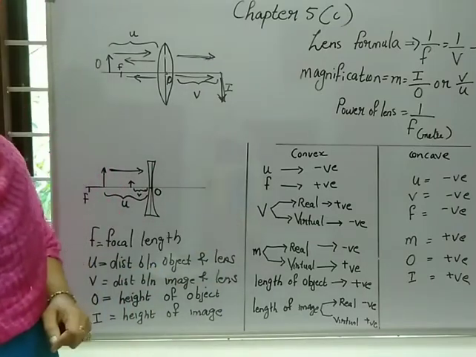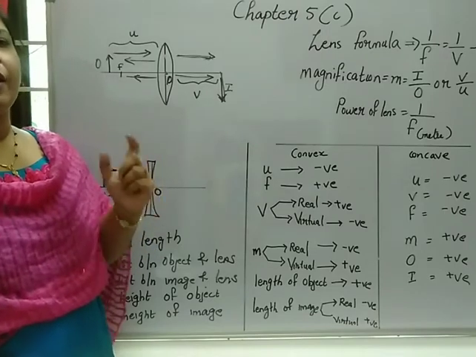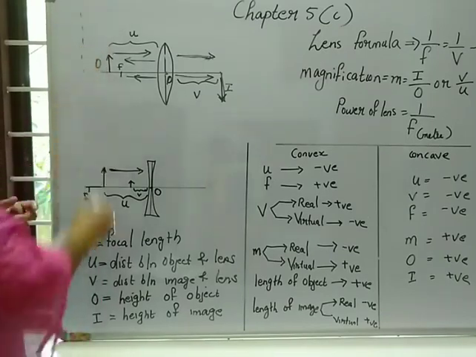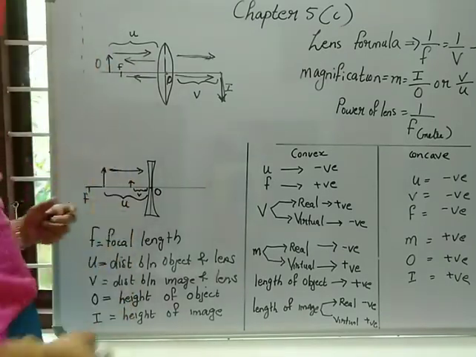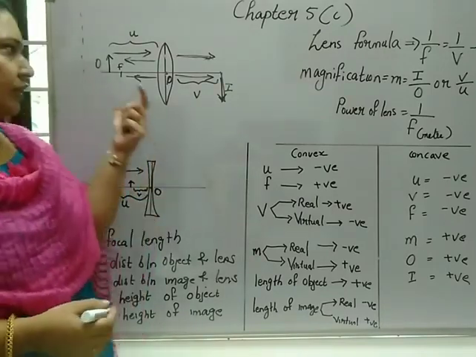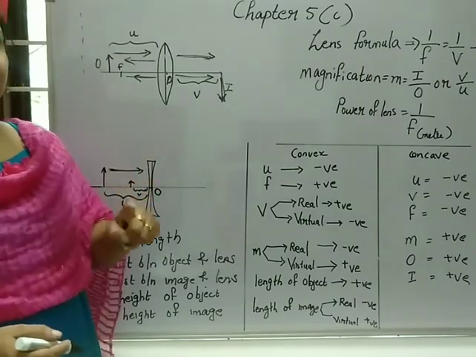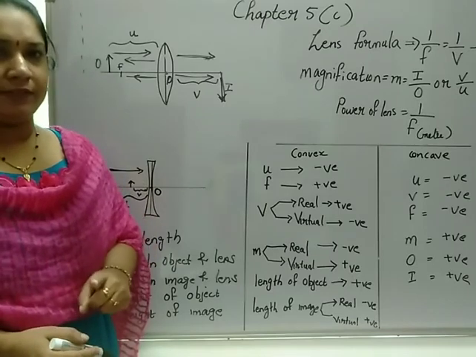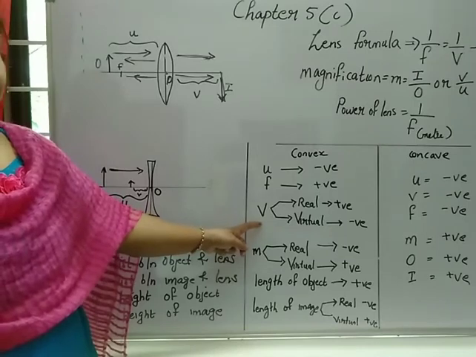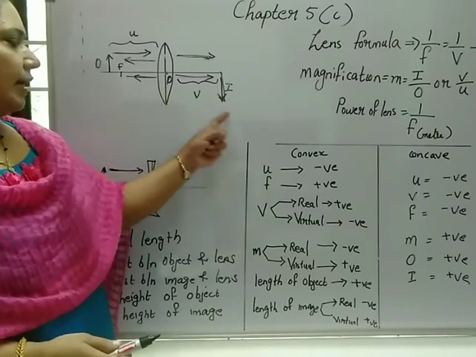And a virtual image, as you studied in the last diagram, when the object is between F and P, we will get an enlarged erect image on the same side, when it is produced backward. So this is a virtual image. So when the image is formed on the same side, the first side where we are keeping the object, that kind of image is called a virtual image. Is it clear? So here you can see V, the distance between the optical center and the image, or the distance between the lens and the image.